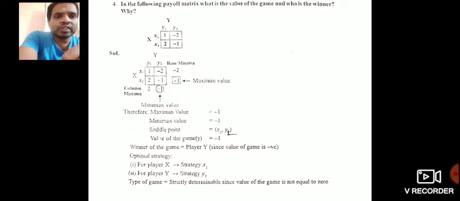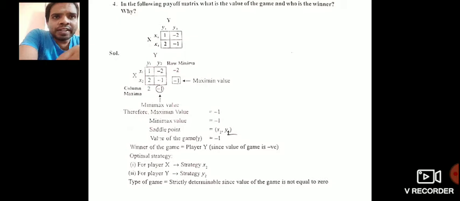Among these two, which one is the maximum value? -1. Similarly, column-wise, choose the maximum value: y1 it is 2, y2 is -1. Among these two values, choose the minimum value, that is -1. The maximin value is -1 and the minimax value is also -1. Both are equal, so it indicates a saddle point exists.